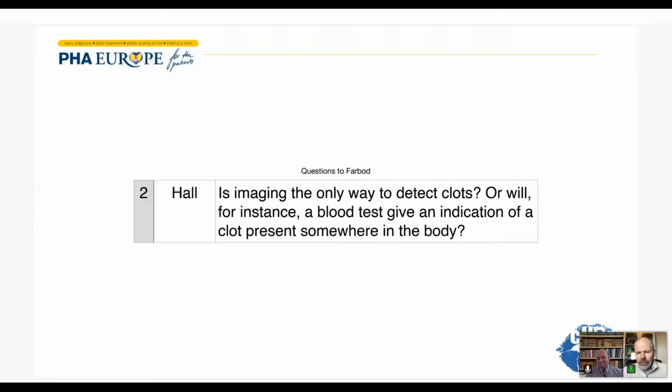Not yet. No, not yet. It's still very much an imaging based issue, mostly in large part because you also need to make sure that even if you could tell that there is clot in the body, if the clot is not in the lung but is somewhere else, then it would still not explain why the patient has developed PH. Yeah.